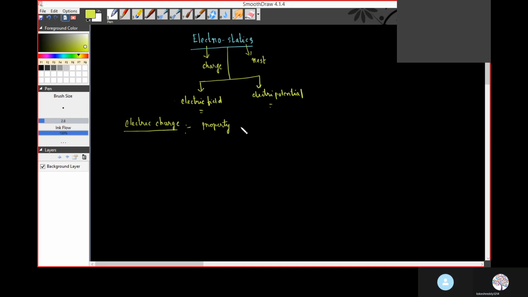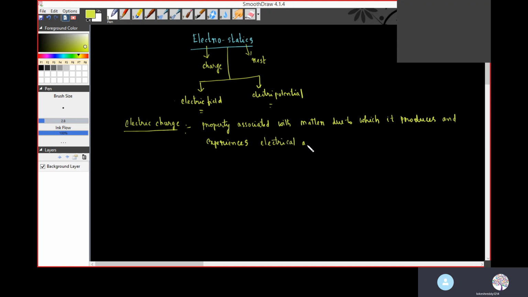Charge is a property associated with matter, due to which it produces and experiences electrical and magnetic effects.